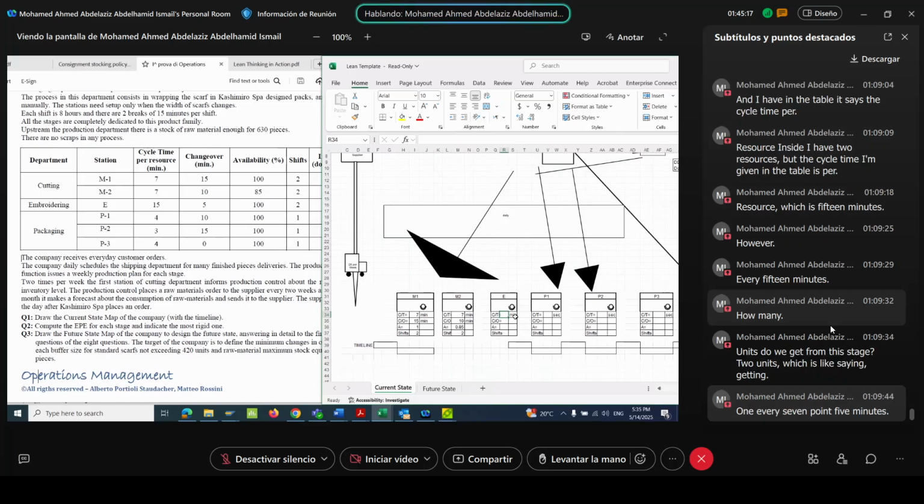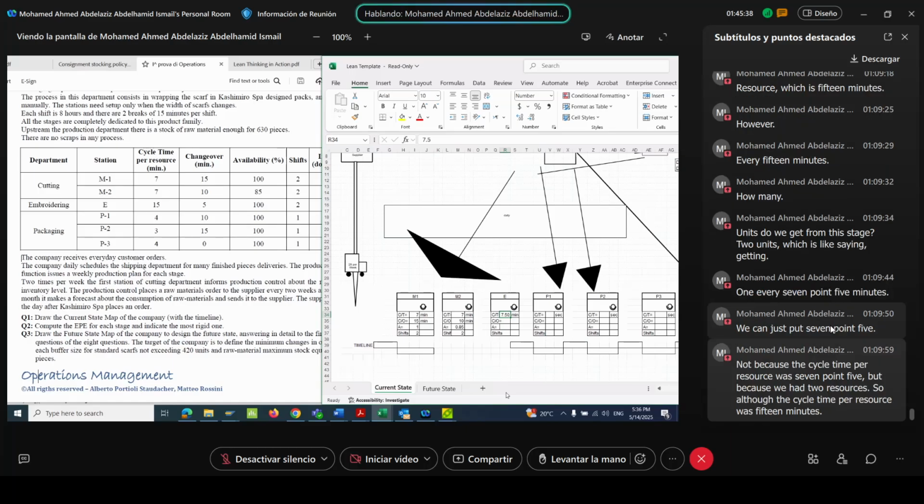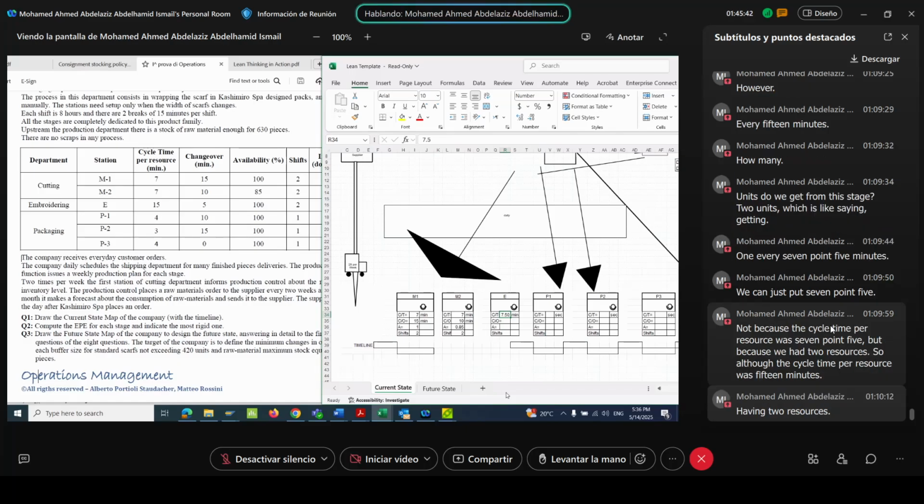We can just put 7.5, not because the cycle time per resource was 7.5, but because we had 2 resources. So although the cycle time per resource was 15 minutes, having 2 resources produced 2 units every 15 minutes.